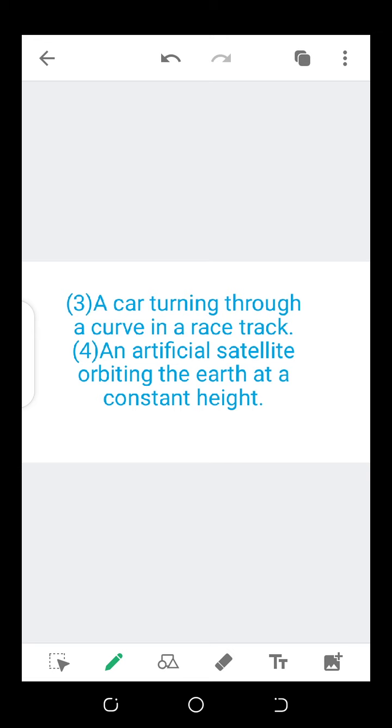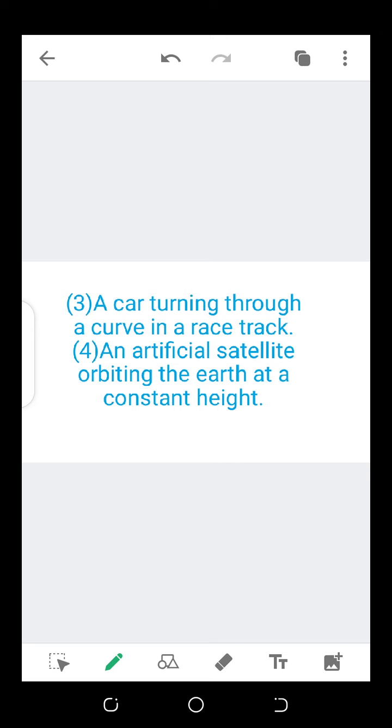Another example of the same cars negotiating bends, you can go to a junction. You realize that there's a roundabout, and that roundabout is a circle, so the vehicle comes there and negotiates, or is turning through a curve, and that curve is traced as a circle.